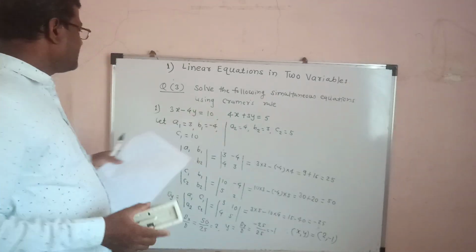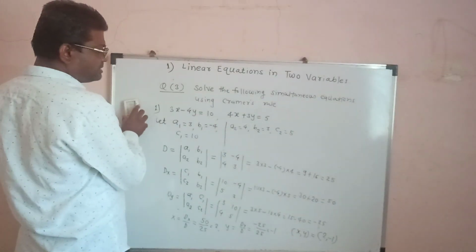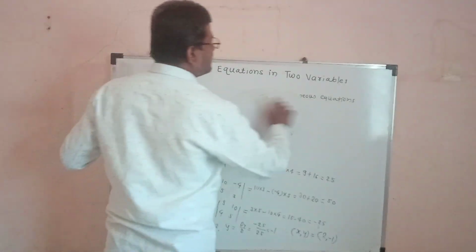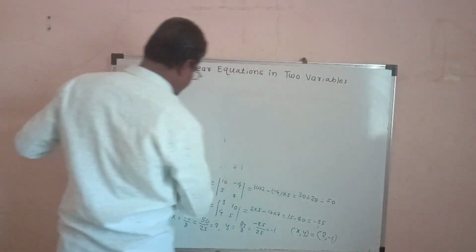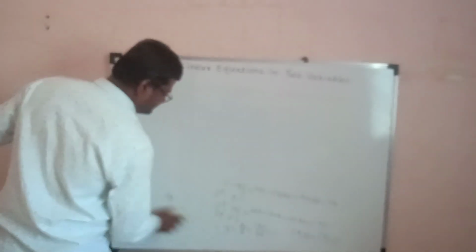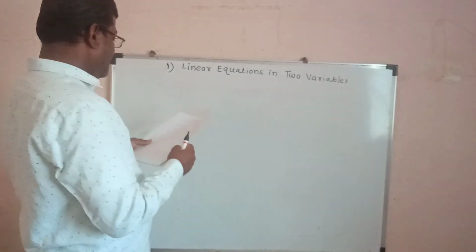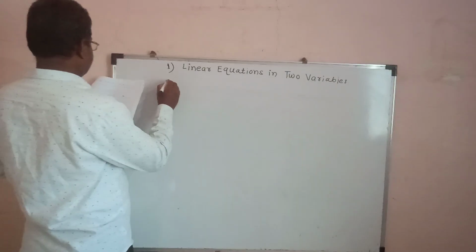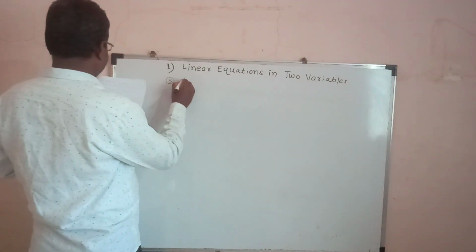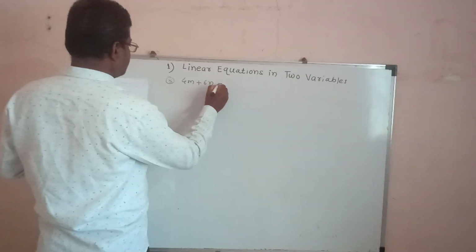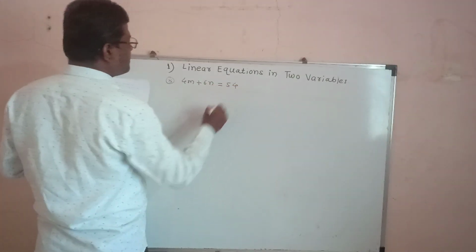Now let us see example number 5 from question number 3. That example is 4m plus 6n is equal to 54.